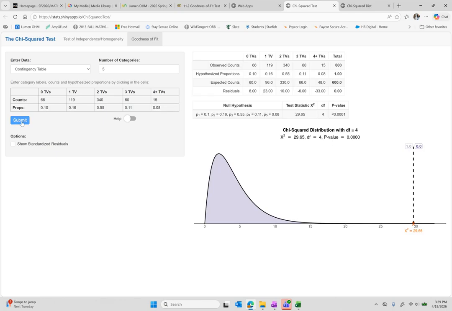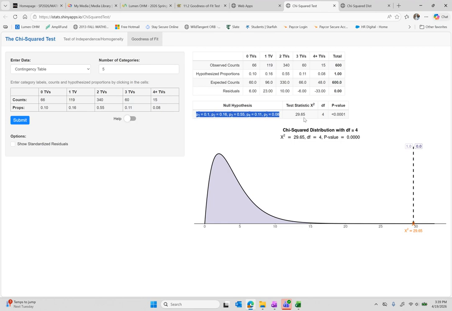Make sure we have correct counts. So the observed counts add to 600 and my hypothesized proportions add to 100%. Excellent. The expected counts are shown, the residuals are shown. The null hypothesis as a mathematical expression for the proportion in each category is shown.